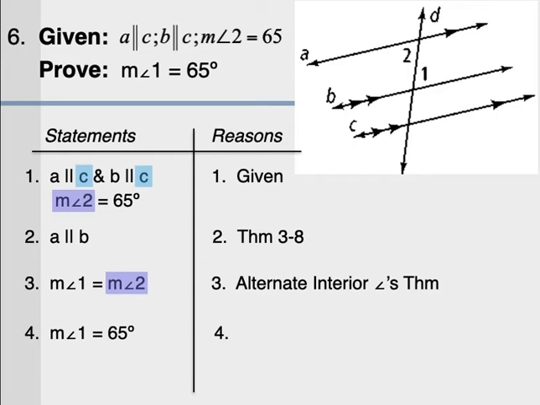What property lets you plug in and replace things? You could say either substitution property or transitive property here. Sometimes they can be used for the same purpose. Well done. Try the next proof.